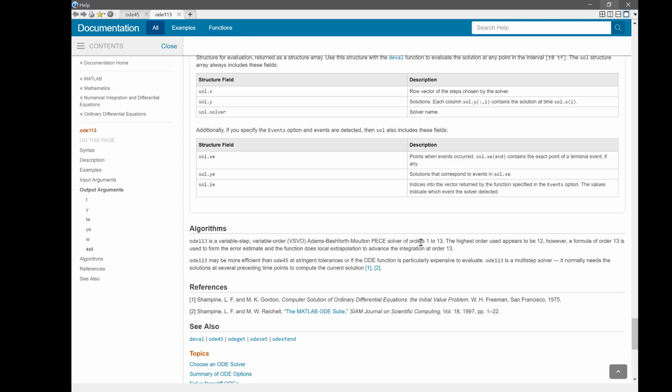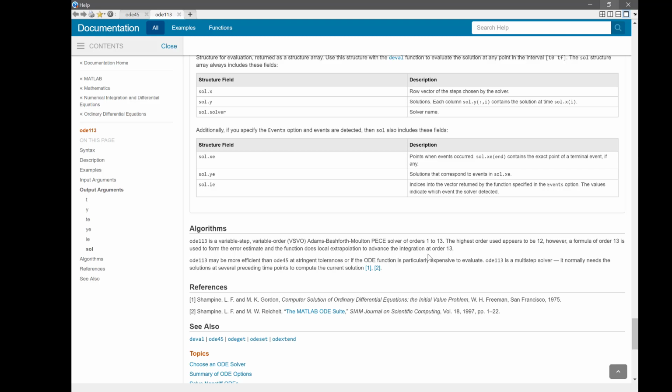The reason it has so many different orders is exactly because of the stability constraints of explicit time integration schemes. Sometimes your delta t is so limited by stability that even using a very low order scheme is going to give you very high accuracy.